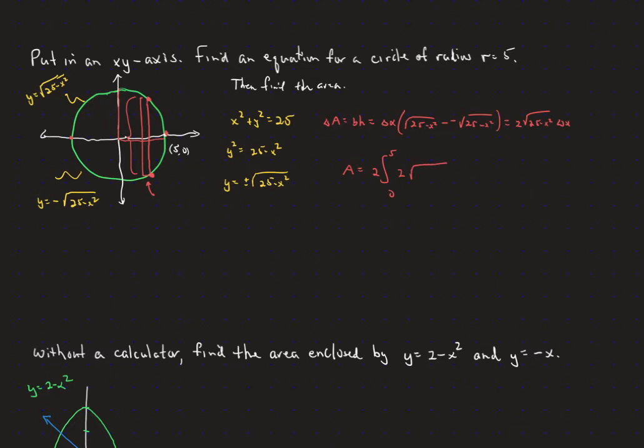Call that the square root of 25 minus x squared, and the delta x is going to become dx, and then we can pull that 2 outside, so our area is going to become 4 times the integral from 0 to 5 of the square root of 25 minus x squared dx.